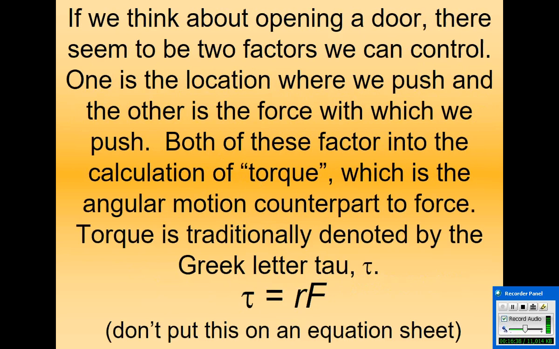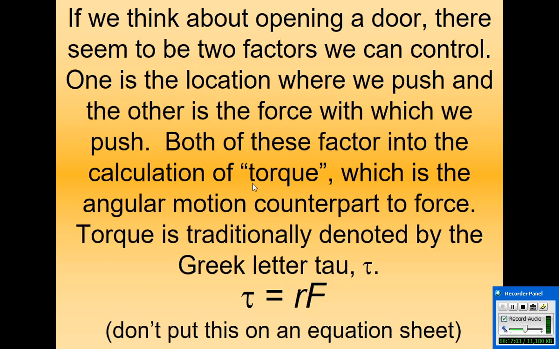What's the difference? The difference is the location of the force with which you push. How hard you push is important, but also the location. The rotational analog to force is called torque. We see the word in the middle of the screen right here between the quotation marks. T-O-R-Q-U-E, torque.